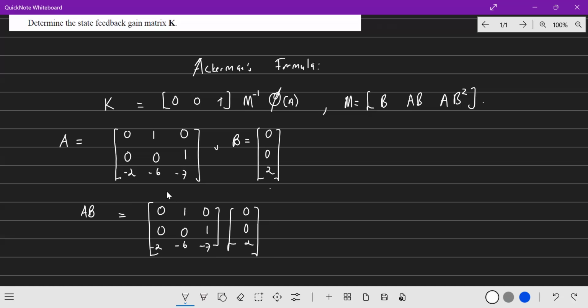So this is a 3 by 3 matrix and this is a 3 by 1 matrix, right? So the resultant matrix is 3 by 1 as well.